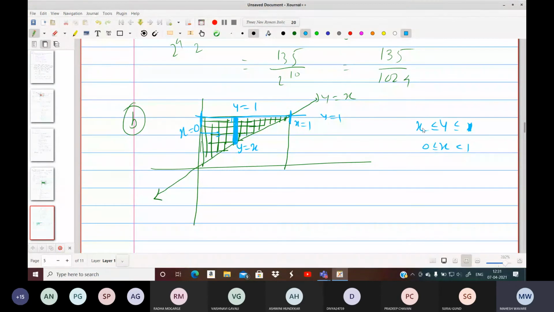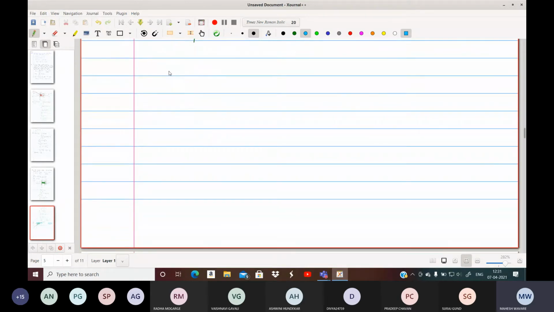Whenever you get a variable limit, that should be integrated first, and then integrate with respect to the other. So at this stage we have to integrate. This is your region A, where you are going to integrate. So probability of (x, y) belongs to A is nothing but the double integration over A of f of x, y dx dy.